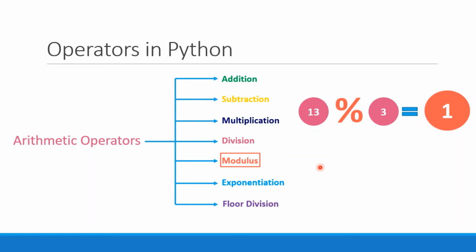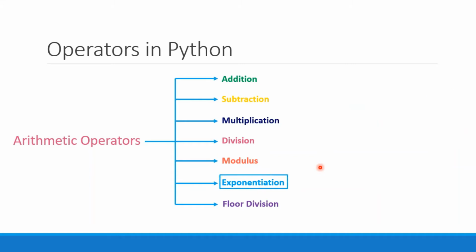Then we have exponentiation. Exponentiation operation is used for power, when we say the first value raised to the power of some second value. So here I can give you an example: I have a value 2 and 2 raised to the power 3. Now I want to see what its answer is if I calculate 2 raised to the power 3. For the power symbol, or for exponentiation, you can use double star.